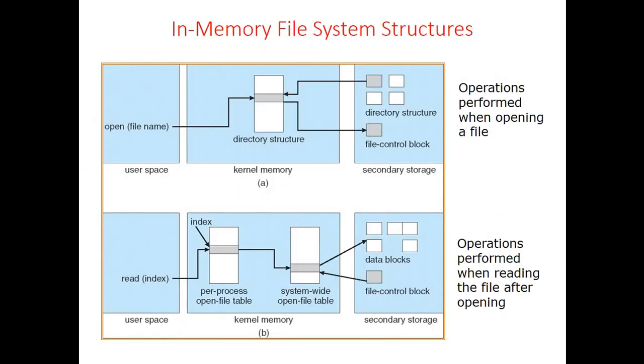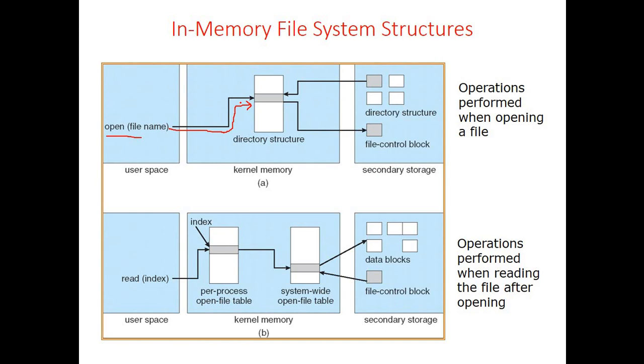In-memory file system structure. Let us look at what the necessary operations are that are carried out in the system when a file is opened. Assume that a process is opening a file. When a file is newly opened, the operating system's file system first refers to the directory structure, which is already in the main memory, to look for the status of the file, whether it is already opened or not.